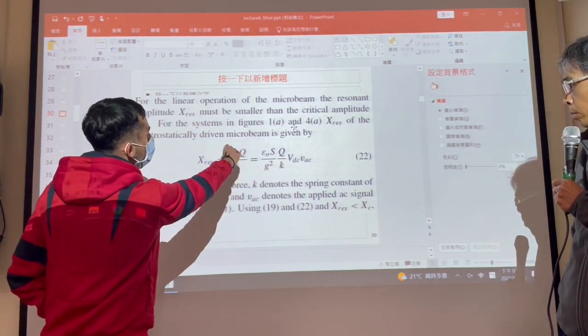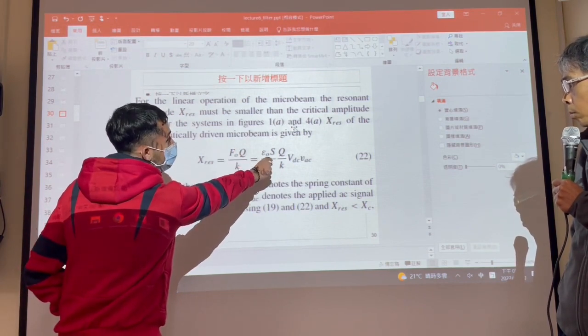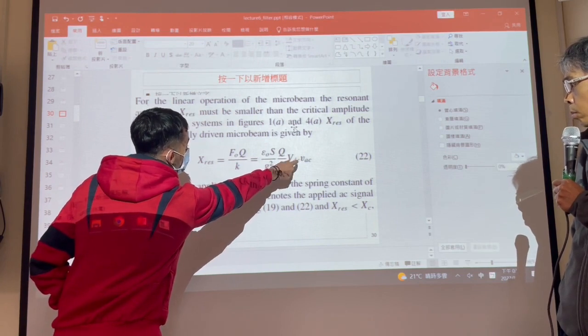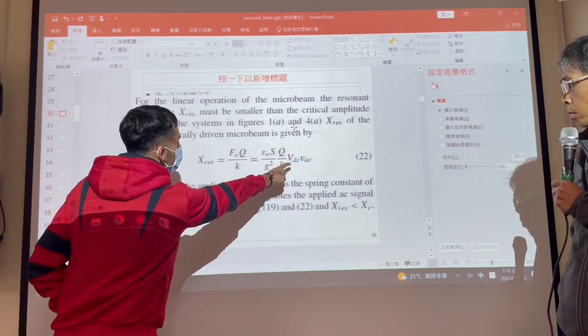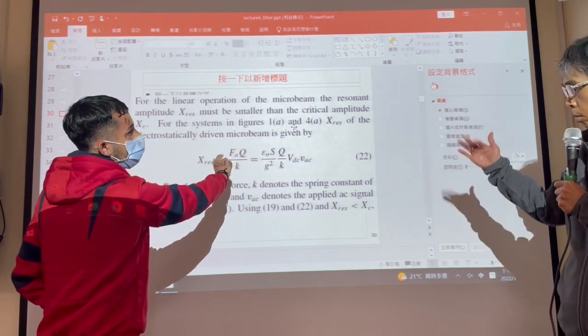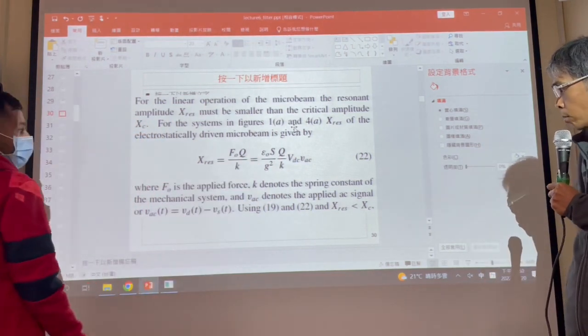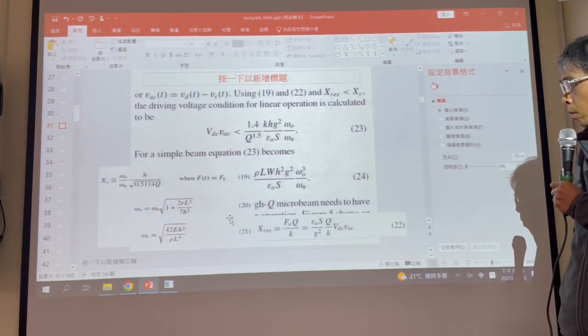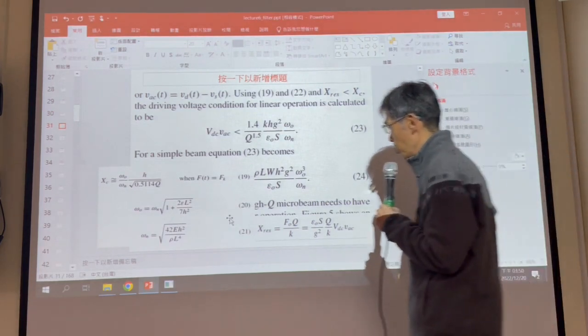So 19 is greater than this one. From this, I put this side here, so we will get VT CBSA. And after some calculation, we will get... Okay, next page. All right, thank you.